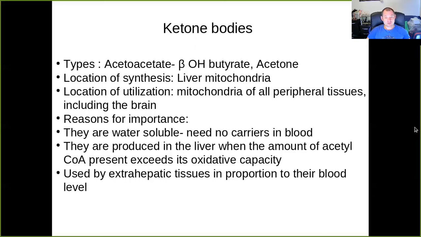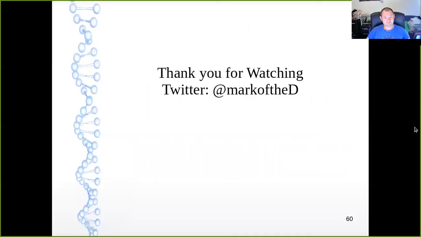You can also use beta-hydroxybutyrate as an energy source. Reasons for importance: they are water soluble, need no carriers in blood. They are produced in the liver when the amount of acetyl coenzyme A present exceeds its oxidative capacity. Used by extrahepatic tissues, non-liver tissues, in proportion to their blood level.